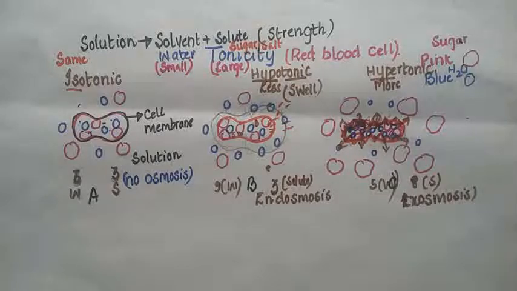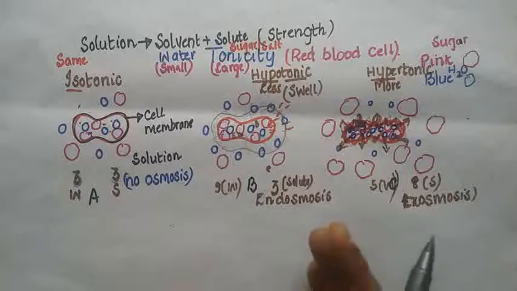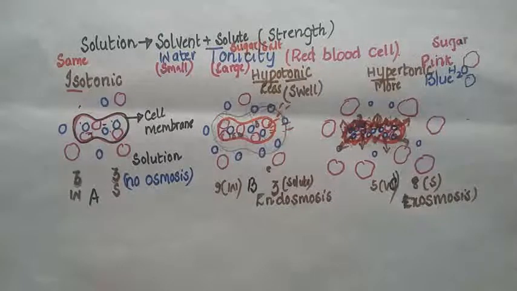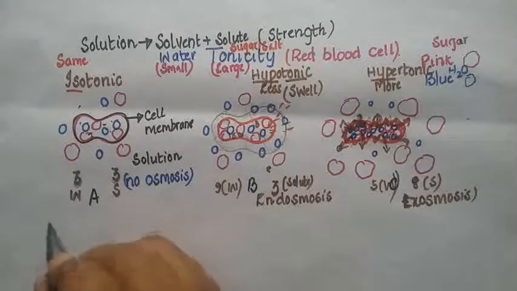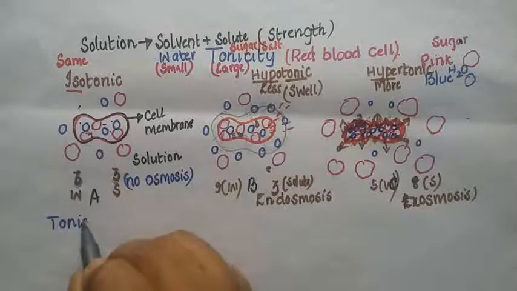Right, children? So thus, 3 different kinds of solutions determine the direction in which the movement of water should take place. Right? So we call this tonicity. So how do we define the word tonicity?